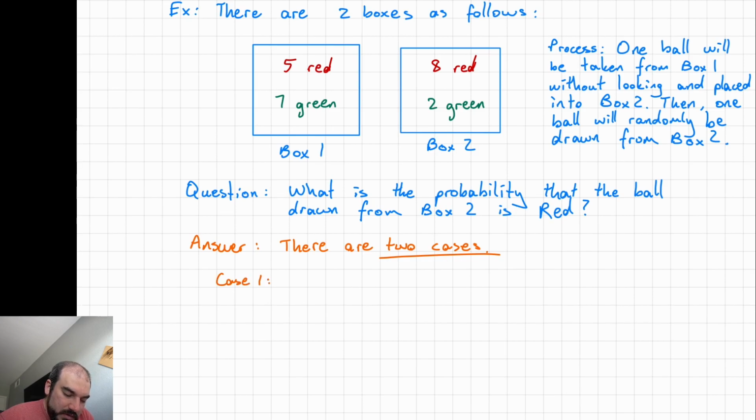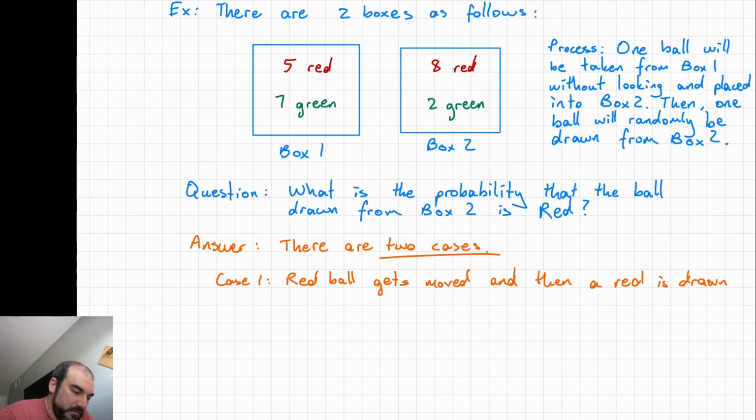Case 1 is a red ball gets moved, and then a red ball is drawn. I guess we don't even need to say that second part. Either a red ball is moved, or case 2, a green ball is moved.